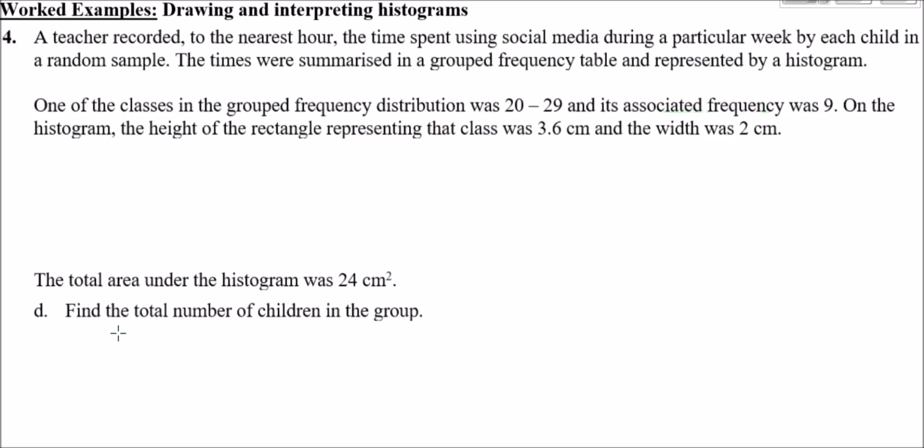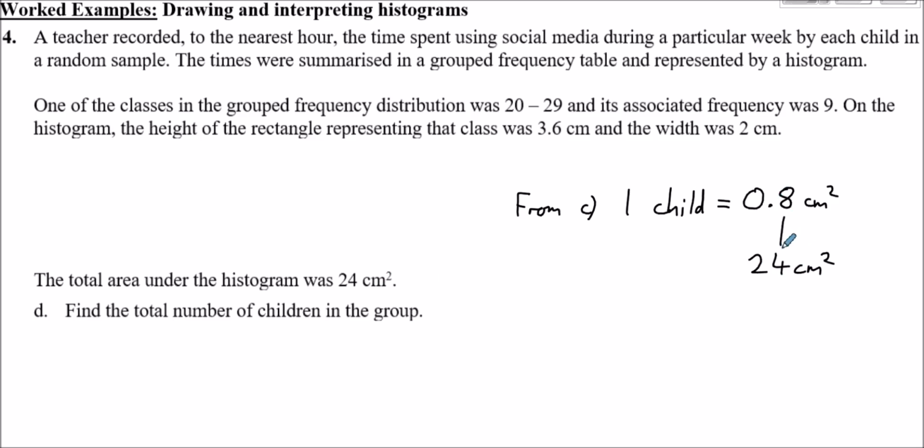Finally, part D, we need to find the total number of children in the group. We're told the total area under the histogram was 24 cm squared. We need to remember from part C that one child is represented by 0.8 cm squared. But we've got here 24 centimetres squared. So how do you go from 0.8 to 24? What do we multiply by?